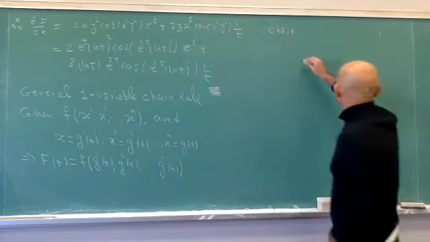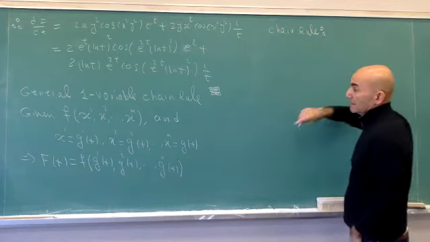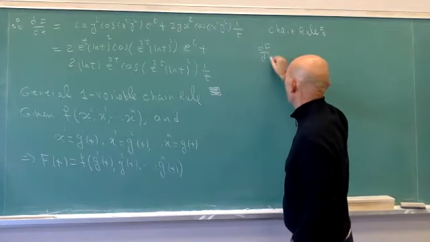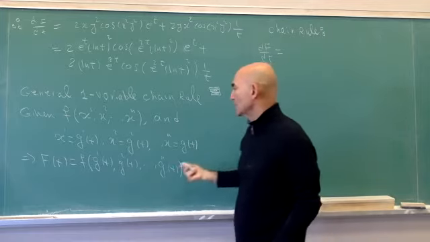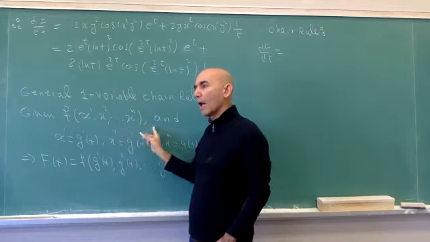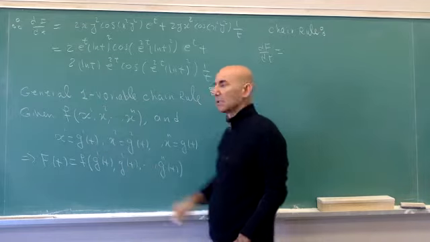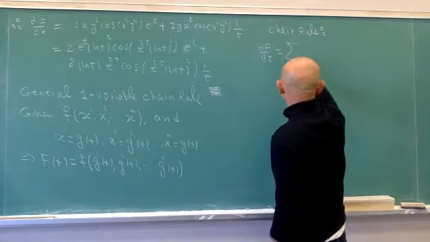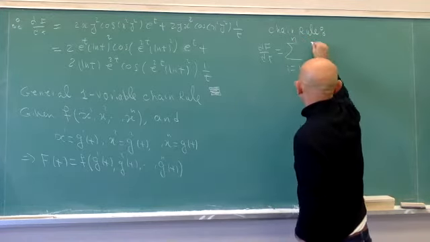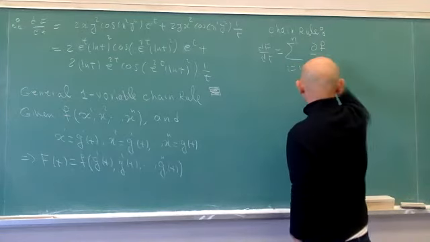So the chain rule in this case says that dF with respect to t, what you have to do is this: you take partial derivative of f with respect to all these variables one by one, and then multiply each of them by the derivative of that variable with respect to t. So it's a big sum, i from 1 to n, df, this is little f, that's good, dxi.